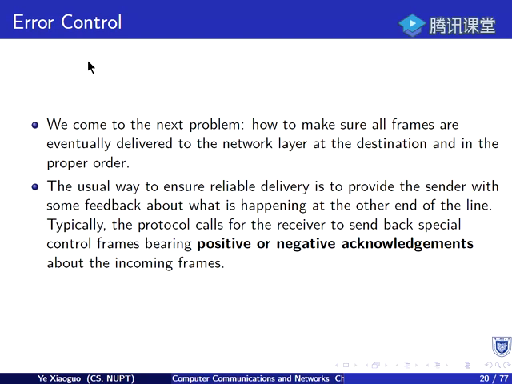But when the frame received has an error, the receiver will say, no, there is something wrong. Please send again, retransmit the frame. So the receiver should reply with a negative acknowledgement when the frame is with error.